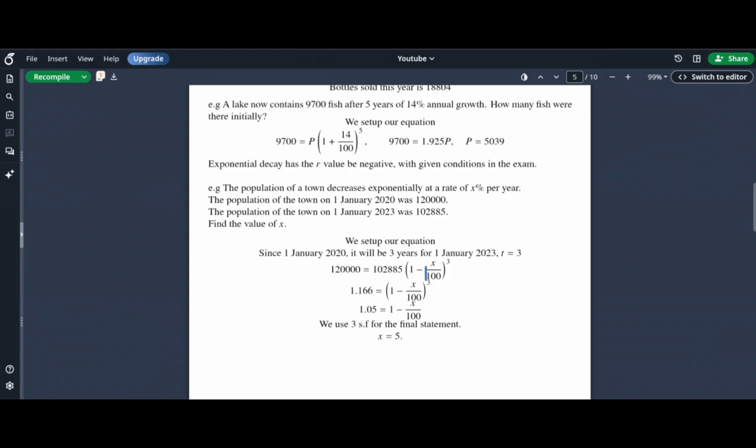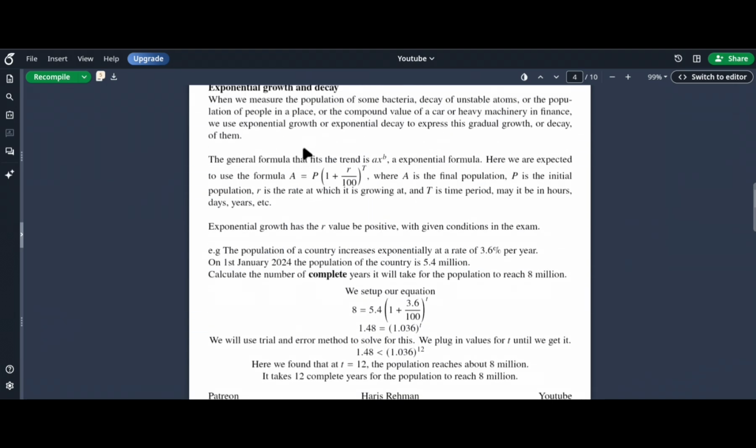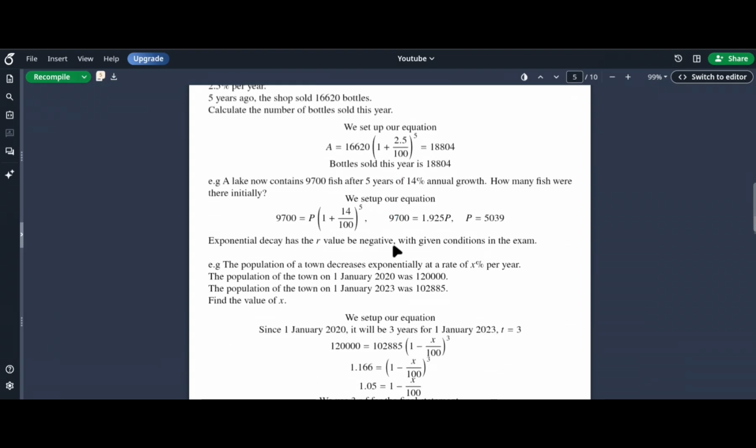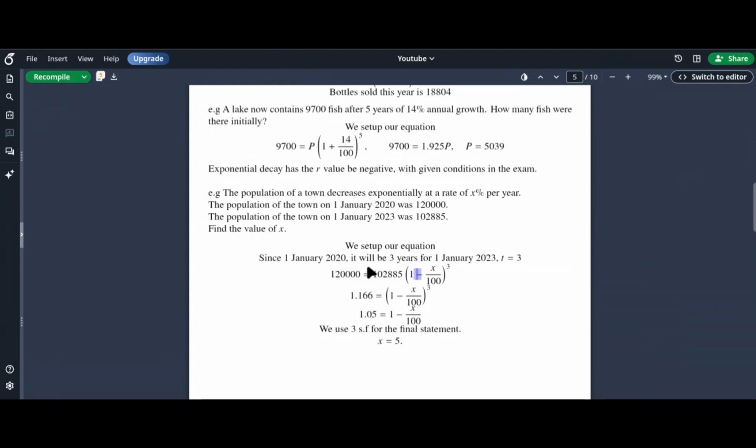The value decreases because you're multiplying by a smaller value each time. Exponential decay has the r value be negative with given conditions in the exam. It's the same equation, but with r being a negative value, as in this will be a minus.